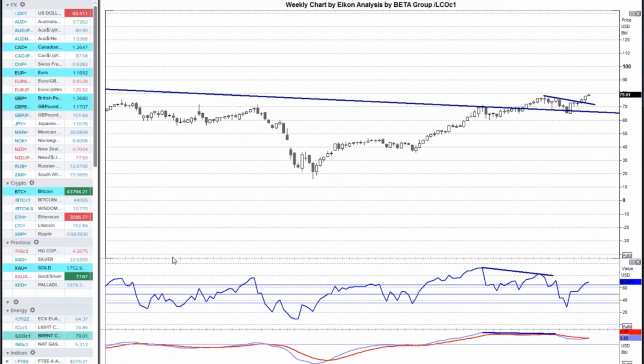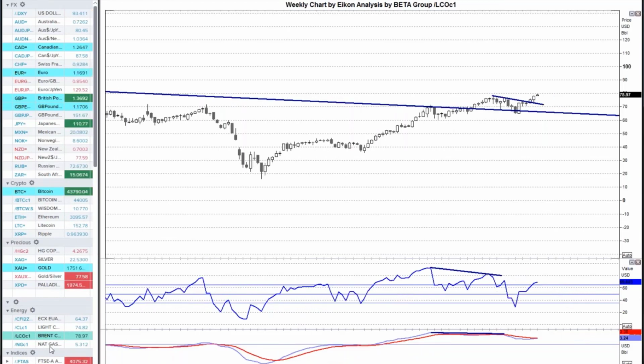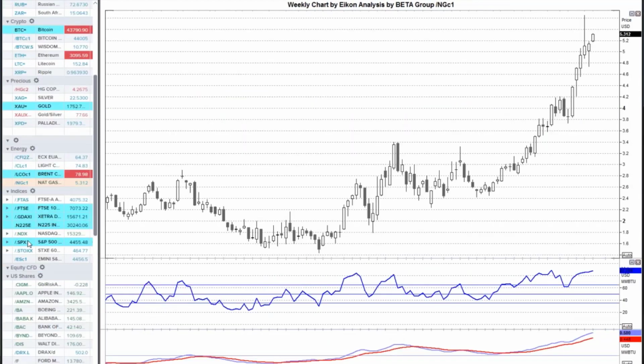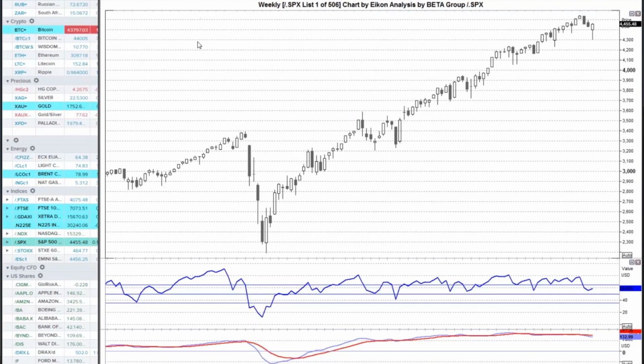Stock markets, not so easy to read now. Let's start with the US 500, and here's a weekly chart of that. We've had this really sharp sell-off down to 4,300 here, and then a bounce from it. So quite an impressive fall and rise.